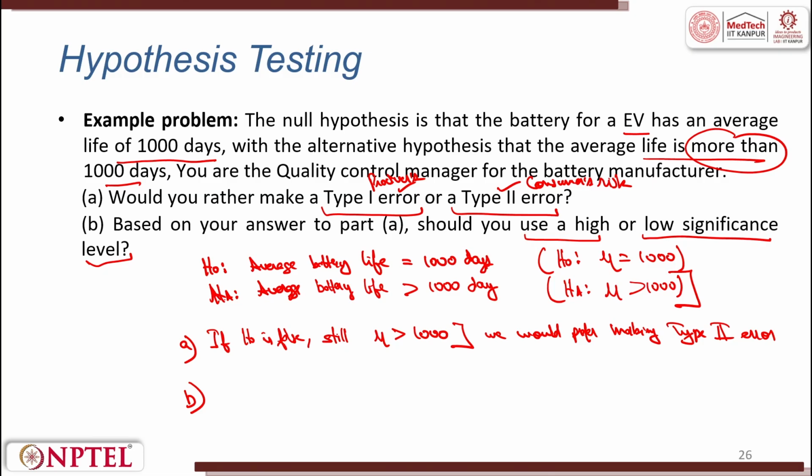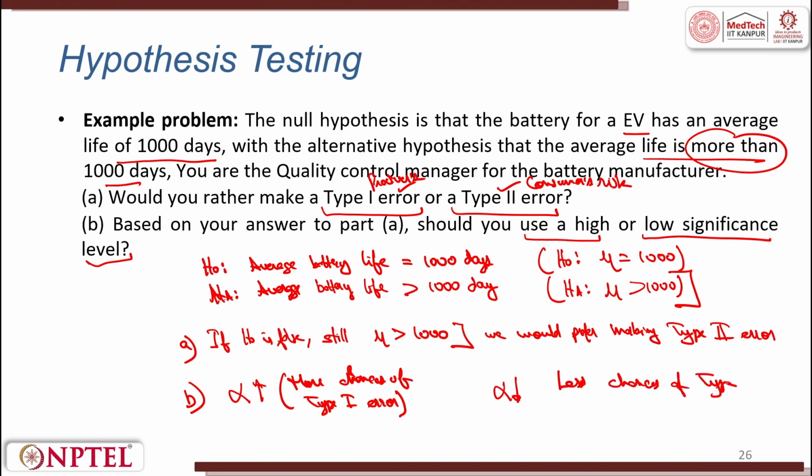Now, if we increase the alpha value or reduce the alpha value, what happens? When we increase alpha, there are more chances of type 1 error, and when we reduce it, there are fewer chances of type 1 error. And when it comes to alpha, we will try to reduce the alpha value.